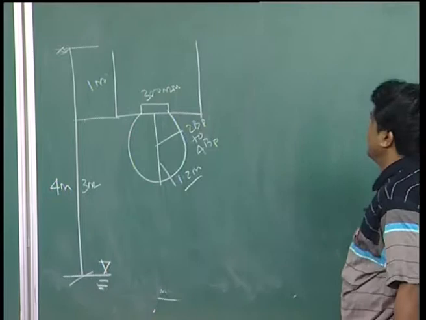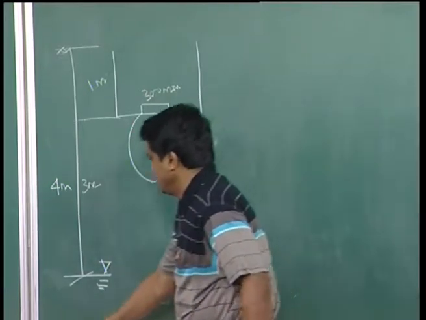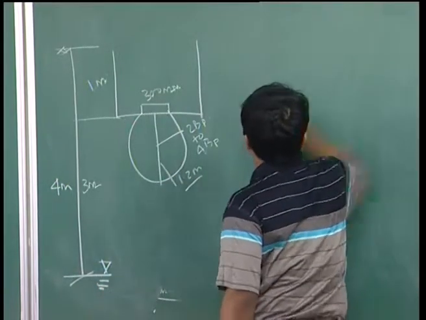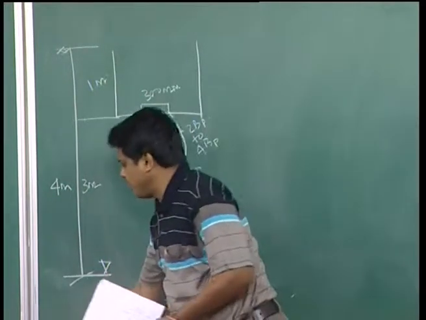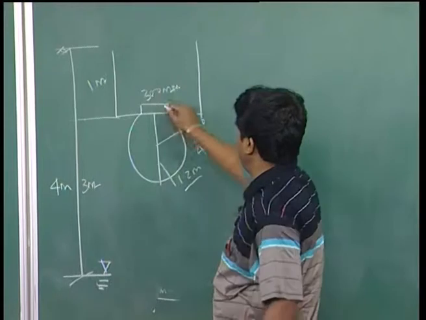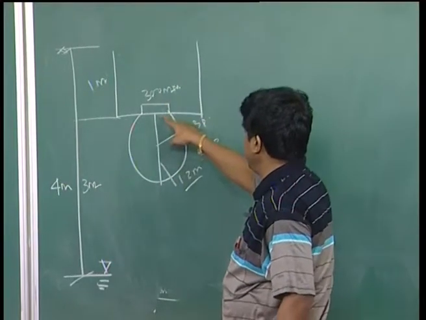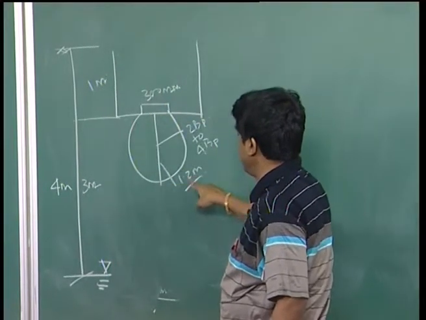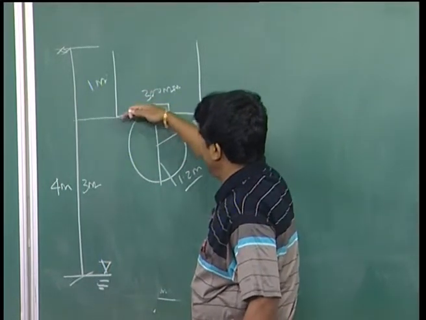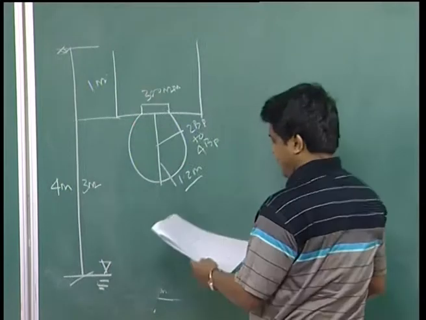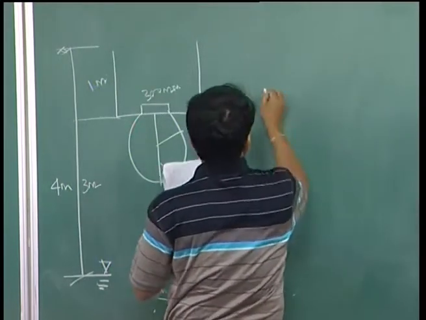That means the water table has no effect in the plate load test. The water table is far away from the influence zone of the plate. The influence zone is up to 1.2 meter and the water table is about 3 meter below the plate.